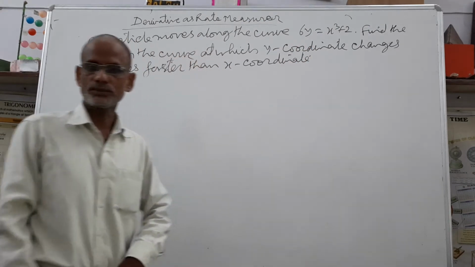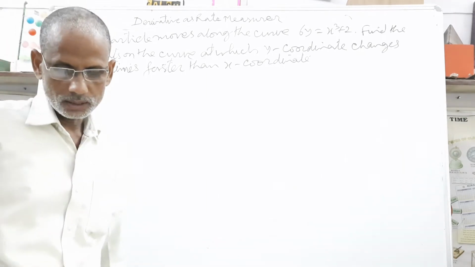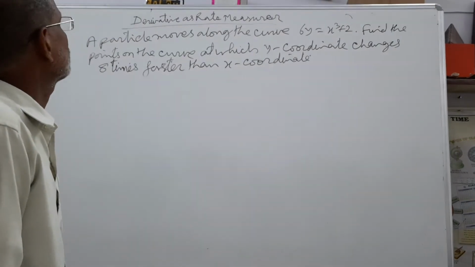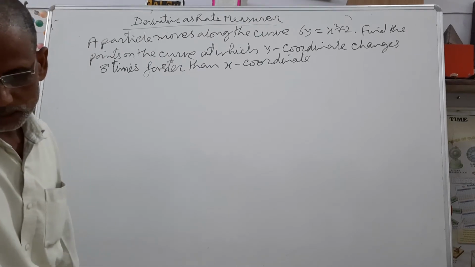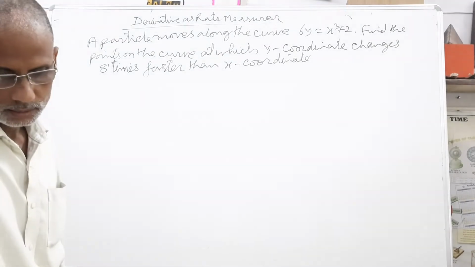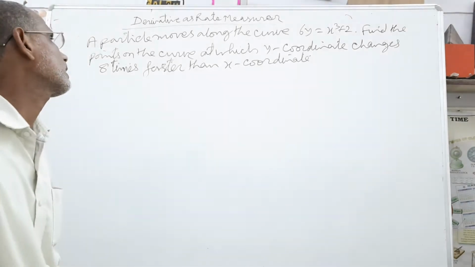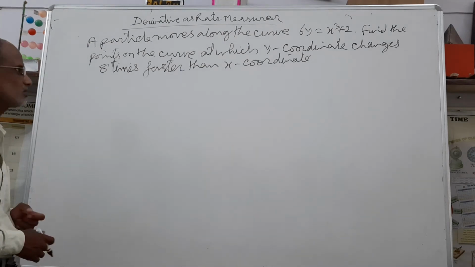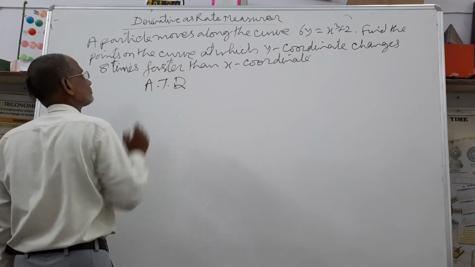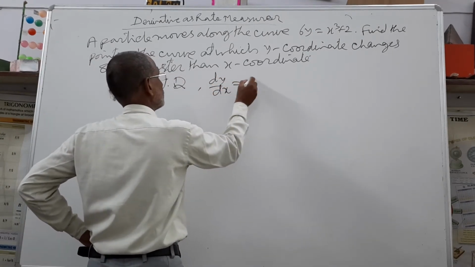This is your question. Particle moves along the curve 6y is equal to x cube plus 2. Find the points on the curve at which the y coordinate is changing 8 times as fast as x coordinate. What is the meaning of this question? According to the question, dy dx is equal to 8.